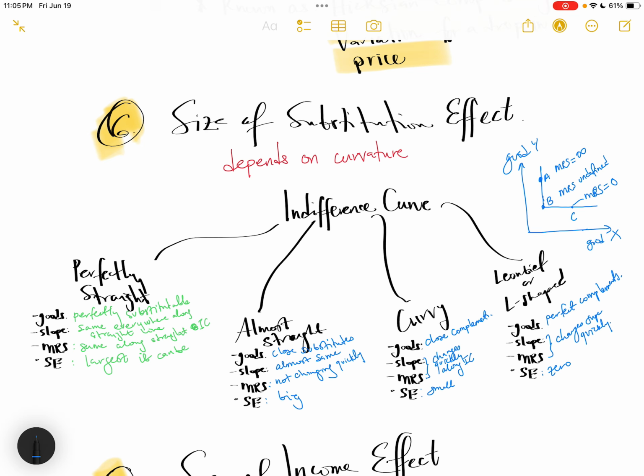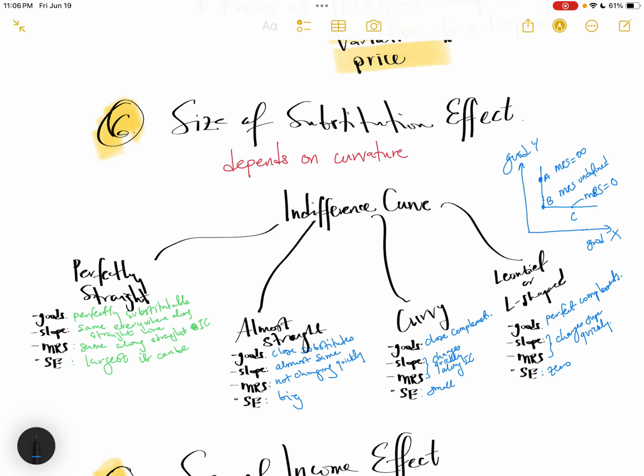So let's go through this again. The size of the substitution effect: if your indifference curves are perfectly straight, the goods are perfectly substitutable, and so the substitution effect for that will be the largest it can be. When you have almost straight indifference curves, the goods are close substitutes and the substitution effect is quite big.